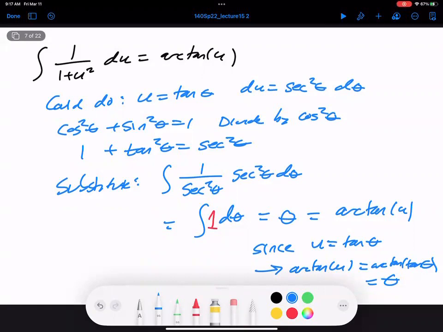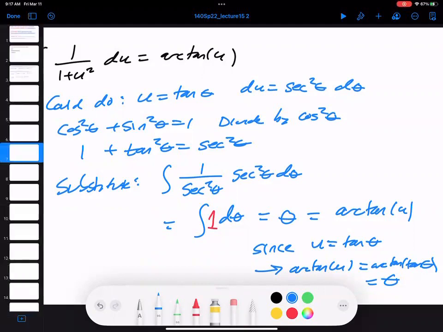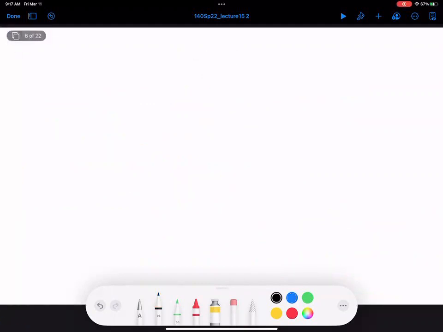Okay, so now we have the other one to do. We now have to do the integral of 1 over u squared minus 1 du. There are two ways to do this. There's the painful way of doing trig substitution again. Now we have to look at u squared minus 1.